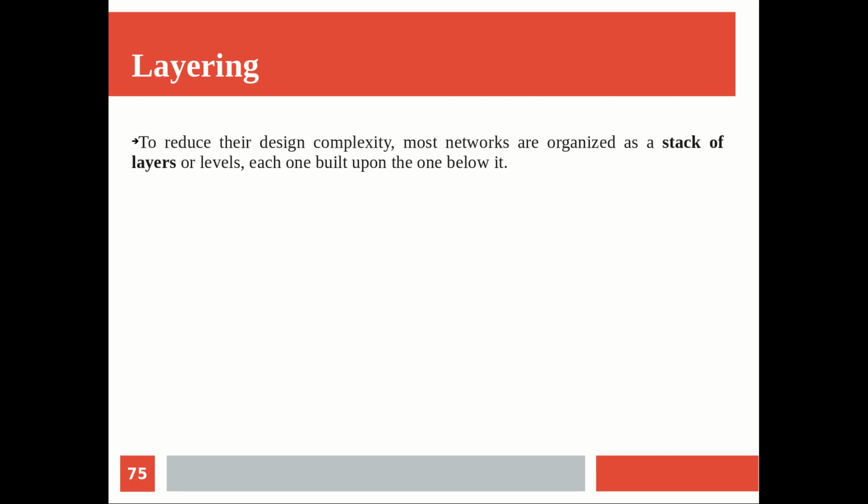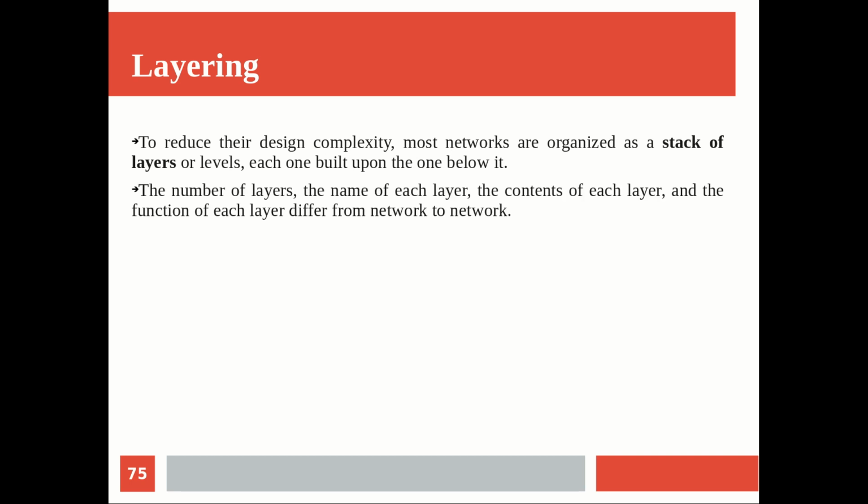Together they form the protocol stack, and each one is built upon the one below it. The number of layers, the name of each layer, the content of each layer, and the function of each layer differ from one network to another, of course. So in layering the implementation will vary, but they try to provide a common interface.